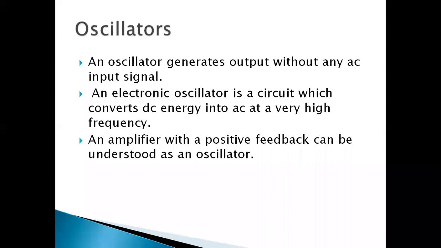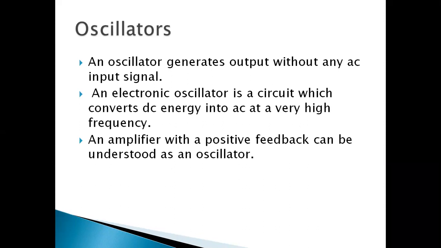The electronic circuit which generates the AC output signal without giving any AC input signal is known as an oscillator. AC signal means the signal which varies in accordance with the time period.